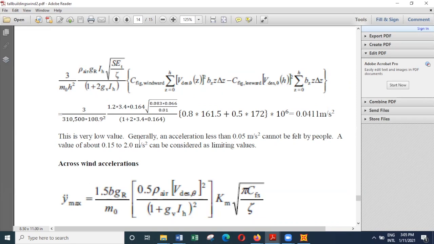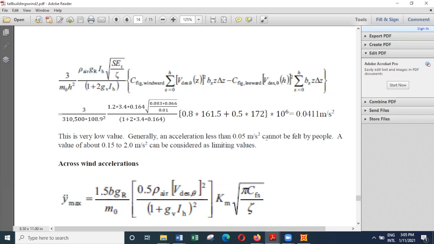This is not 2, I'll correct that also. So here you can see the value is 0.04, but we can go up to 0.15 to 0.2 meters per second squared as limiting values.